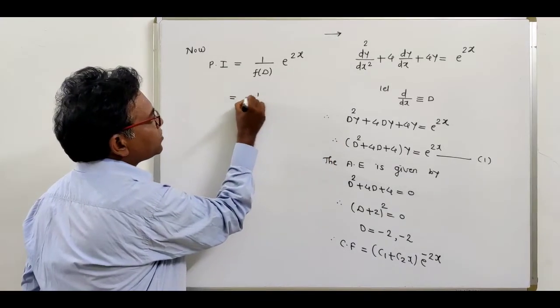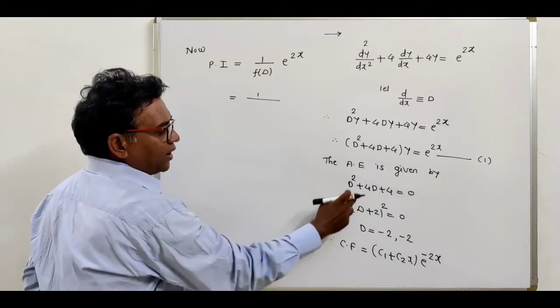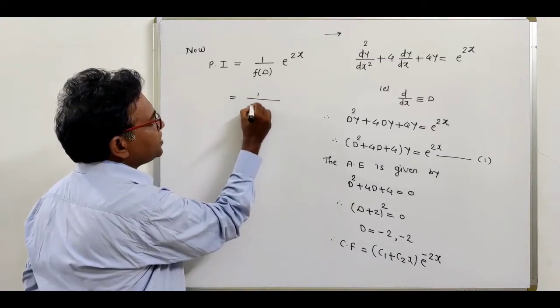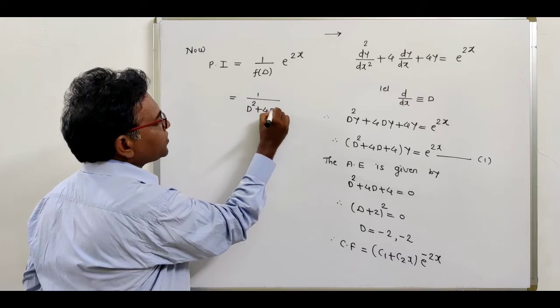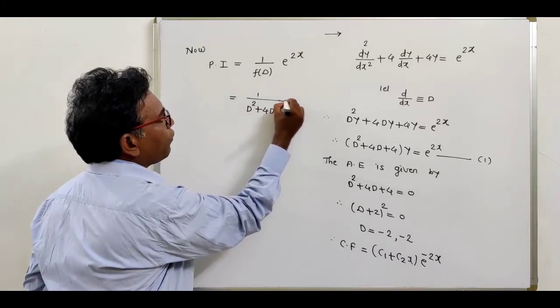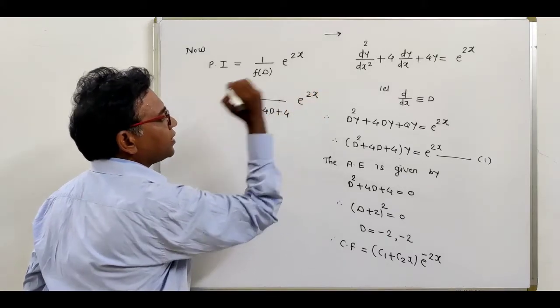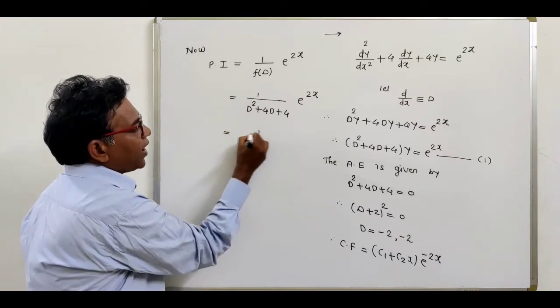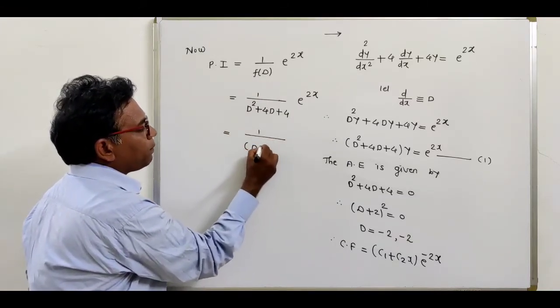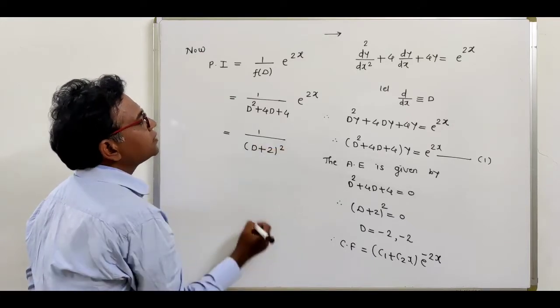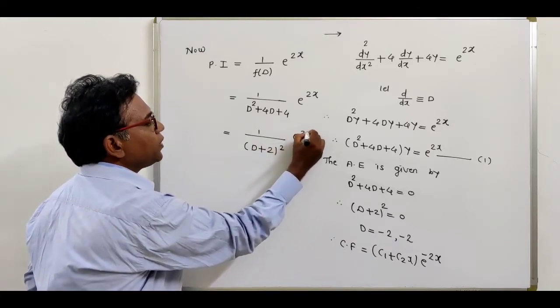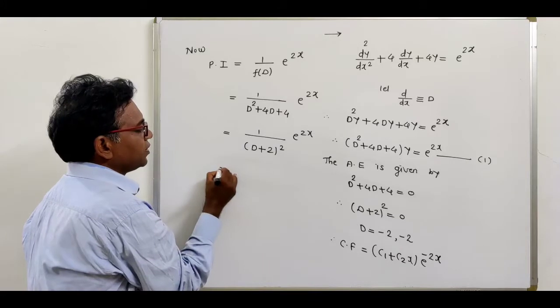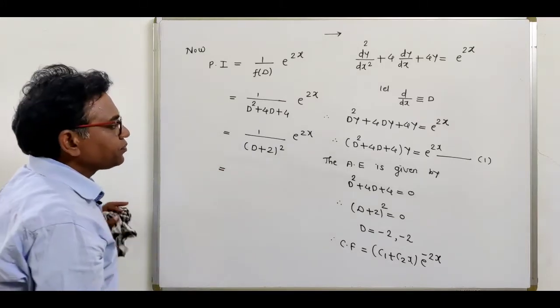So put the value. What is f(D)? f(D) means D squared plus 4D plus 4, into the right hand side e raised to 2x. So write down the factors: 1 upon (D plus 2) whole squared into e raised to 2x.